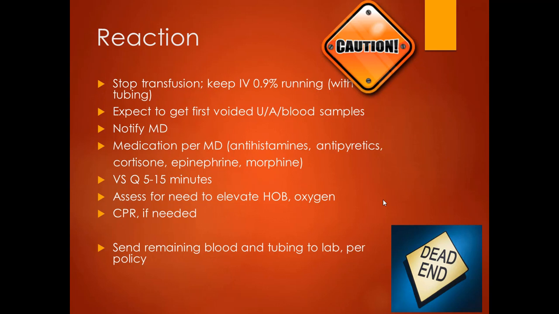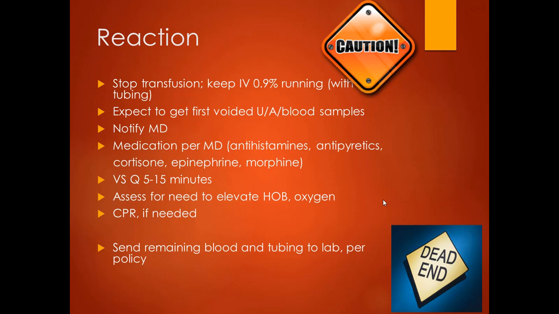We're going to give our meds per MD orders, and it's going to be things like antihistamines, antipyretics, cortisone, epinephrine, morphine. Because if they're having some of these reactions, they're going to be painful. So we might be giving Tylenol or Benadryl, those types of things just to help treat the symptoms.